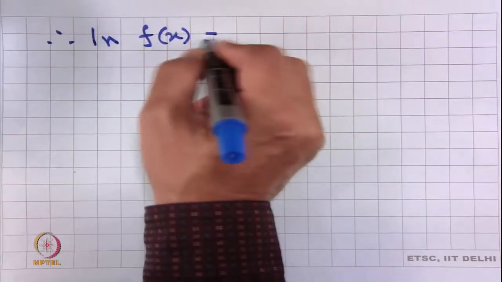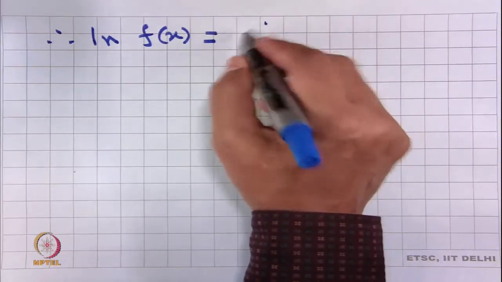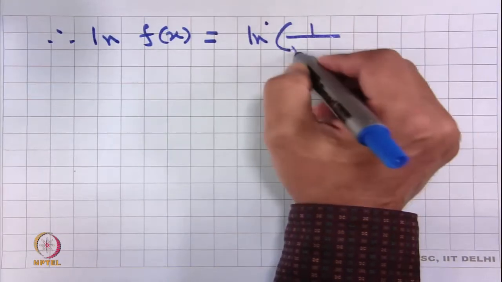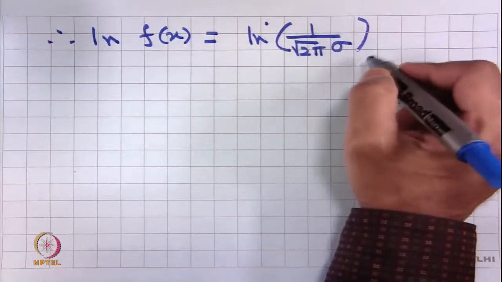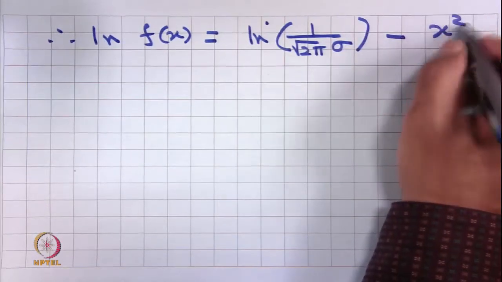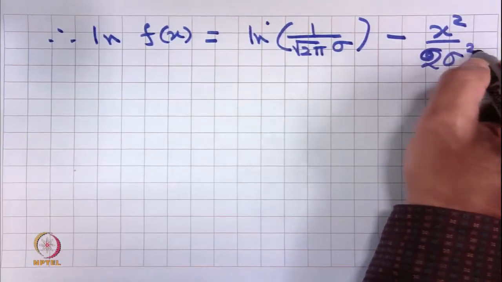Therefore, log of f x is equal to log of 1 upon root 2 pi sigma minus x square upon 2 sigma square.